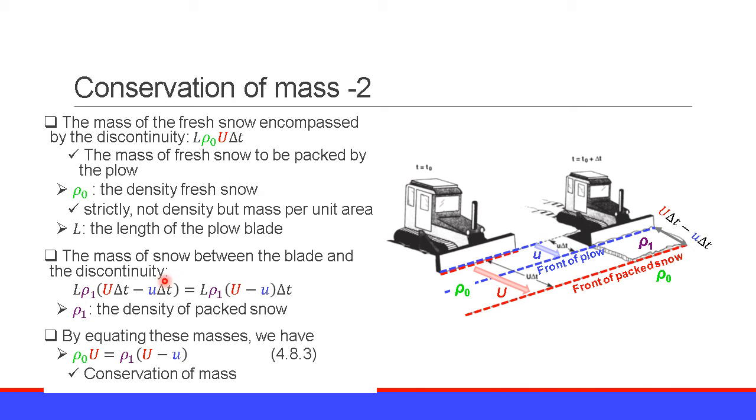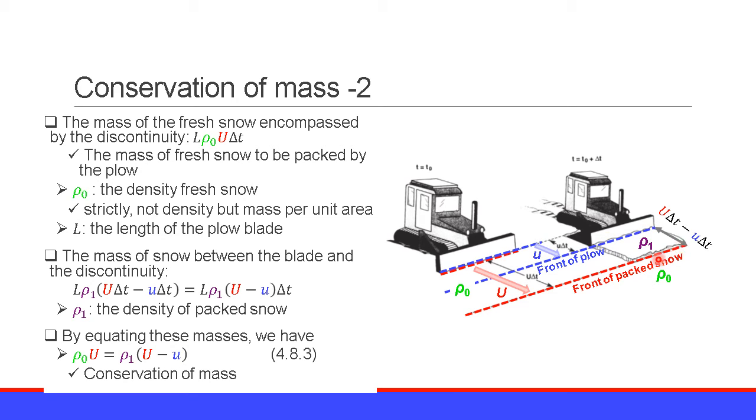Then the mass of the snow between the blade and the discontinuity after time delta t is L, the length of the blade, times rho 1. Rho 1 is the density of the packed snow, and the distance between front of the packed snow and front of the blade.